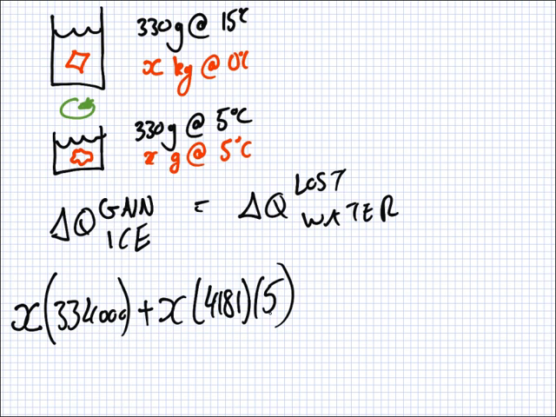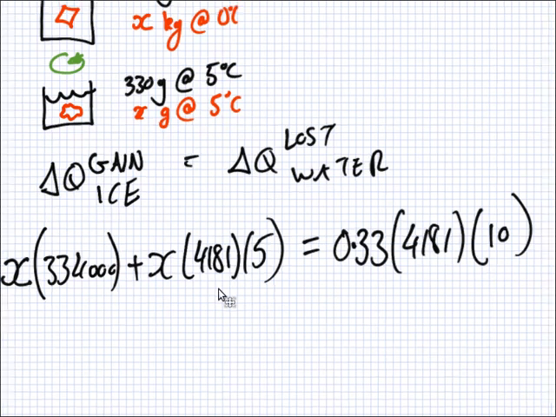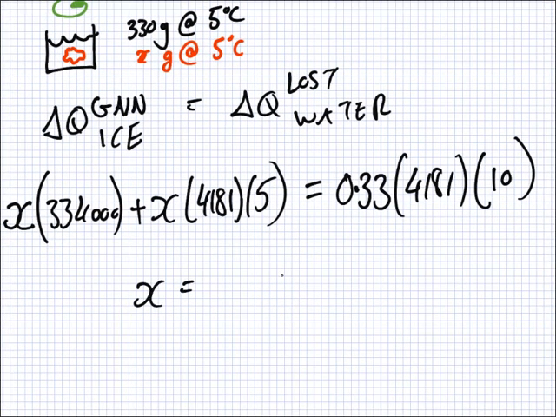And this energy the ice gained came at the expense of the water. The water was at 15 and is now at 5. So that will be m, c, and the 10. Now, when you write the equation down, you realise, oh, it's not so bad. I can get the x. I can just do a bit of a cross multiply.